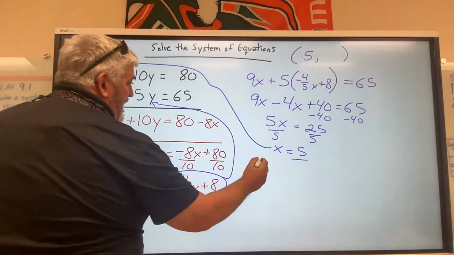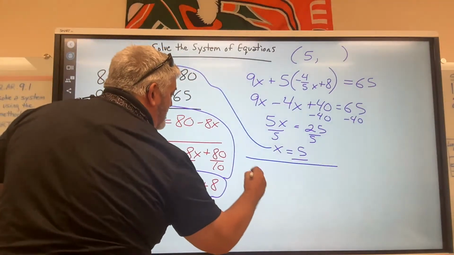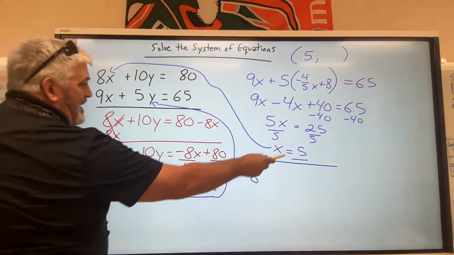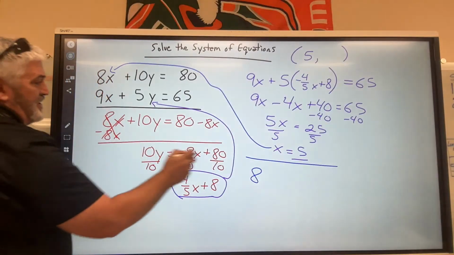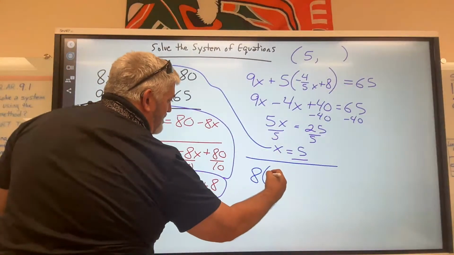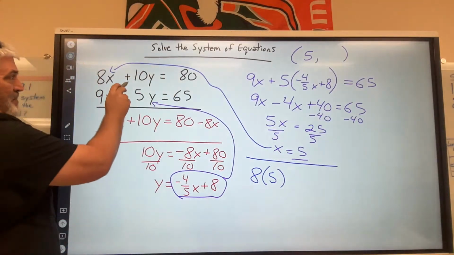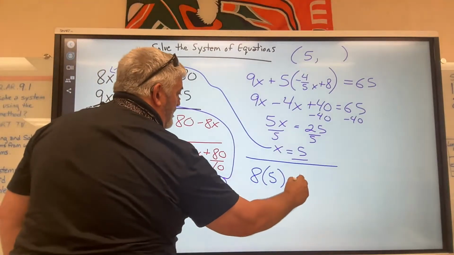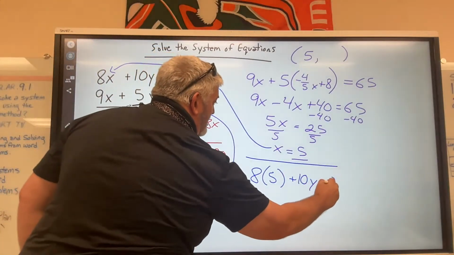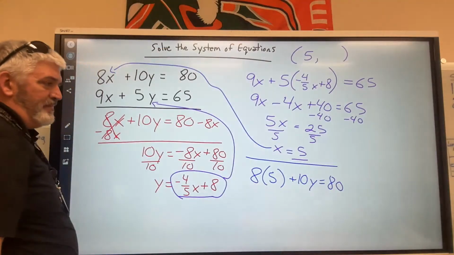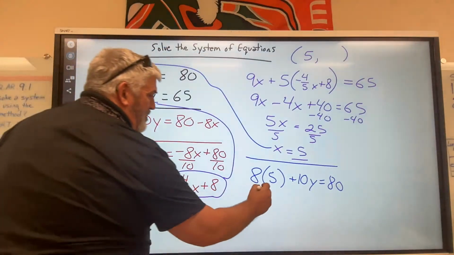So I will have 8 times x, and remember, x equals 5. So that's 8 times 5 plus 10y equals 80. And I clean this up.